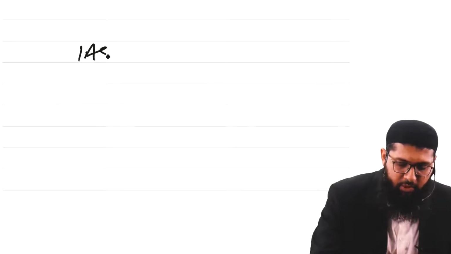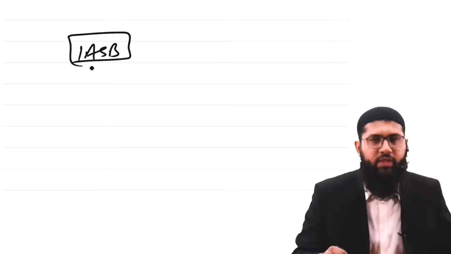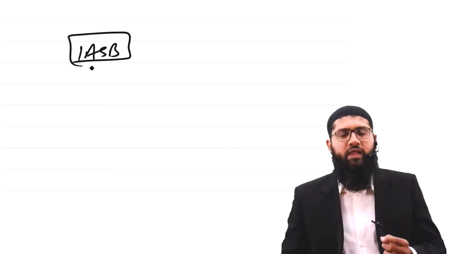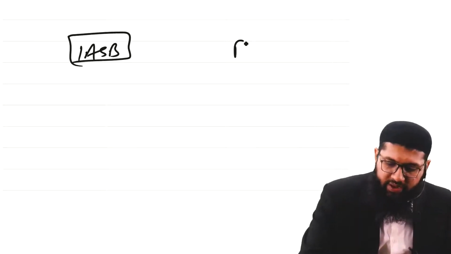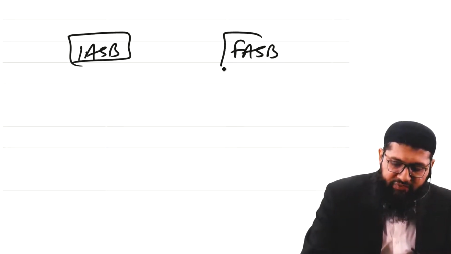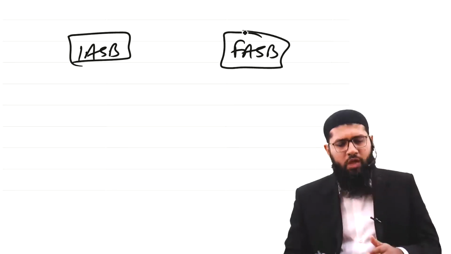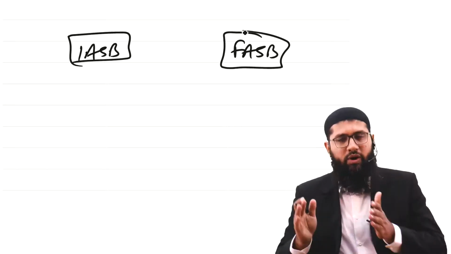You would know that there is a body called IASB. What is the name of the body? The name of the body is IASB. This is the International Accounting Standards Board. And there is another body which is FASB. What is IASB? What is FASB?